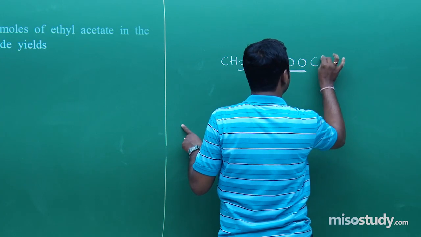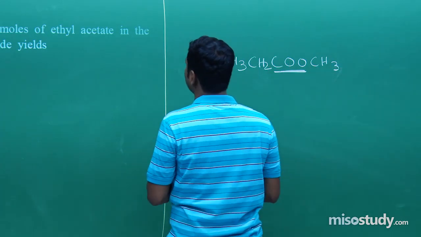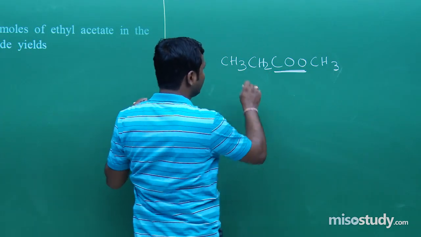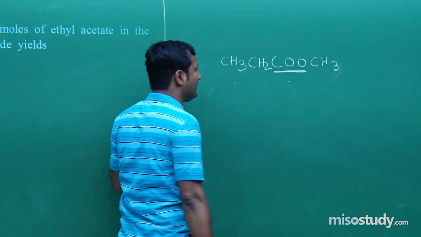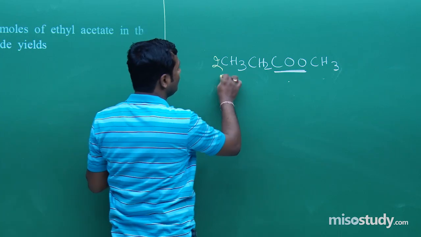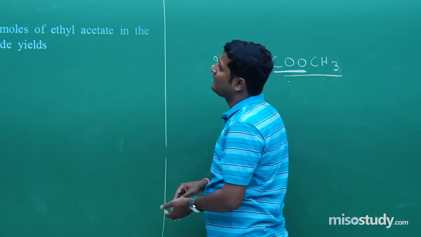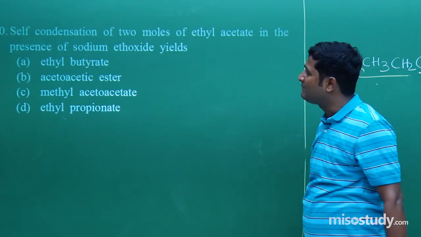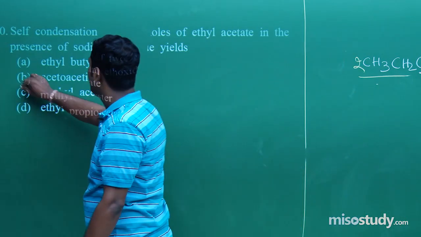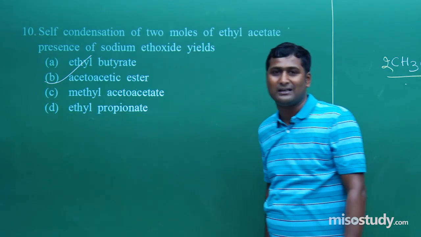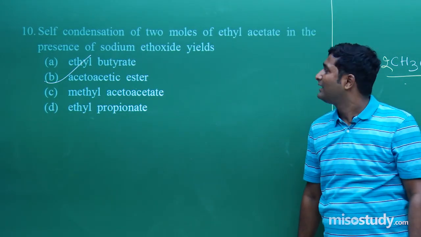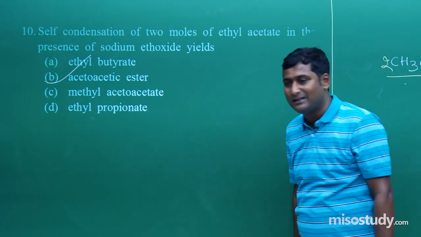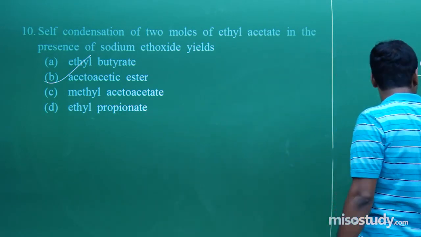Sorry, CH3COOCH2CH3. 2 moles of ethyl acetate in the presence of sodium ethoxide gives you acetoacetic ester. Clear to you? What I'm telling you, it gives acetoacetic ester. I think now you can easily solve such questions.